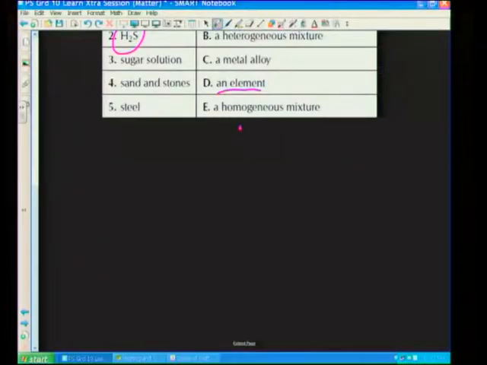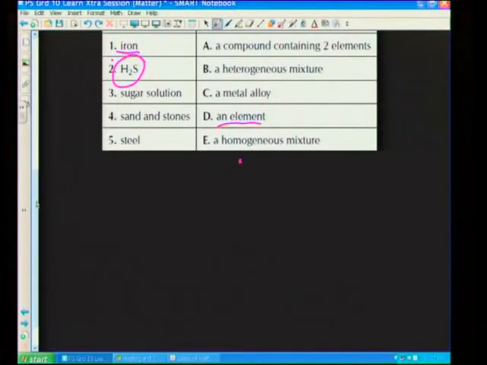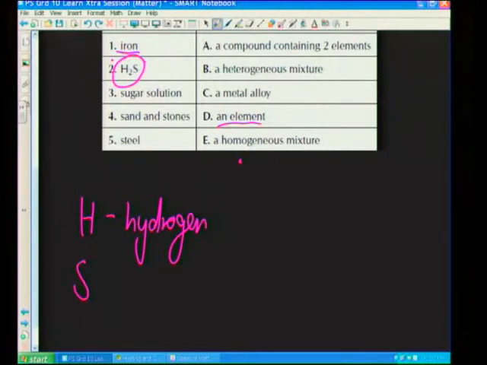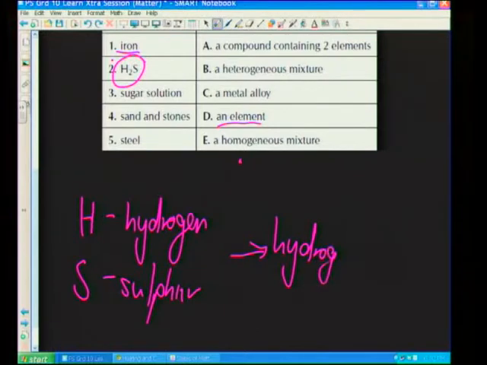Well, hopefully you can see this has got an H, and it says there are two of them, and an S. Now H stands for the element hydrogen, and S stands for sulfur. So the combination of hydrogen and sulfur is known as hydrogen sulfide.